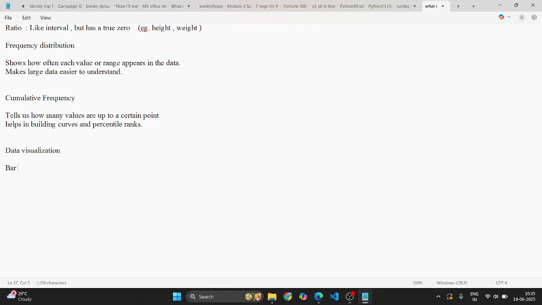There was the bar graph. Bar graph is used for what? For comparing categories. It's used for categorical data. After that, pie charts.